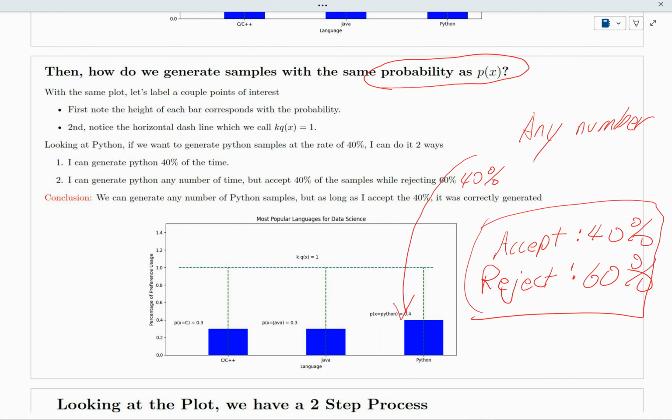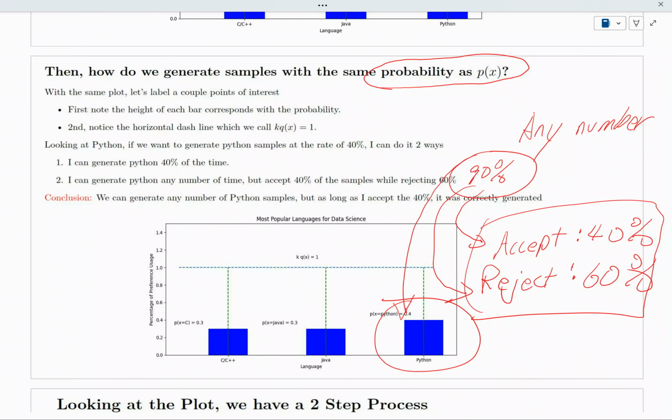We can generate it at 90%, or 100%, whatever percentages. However, as long as we accept it at 40% and reject it at 60%, then we're still going to get 40%. So these two different ways of sampling have a very, very fine distinction.